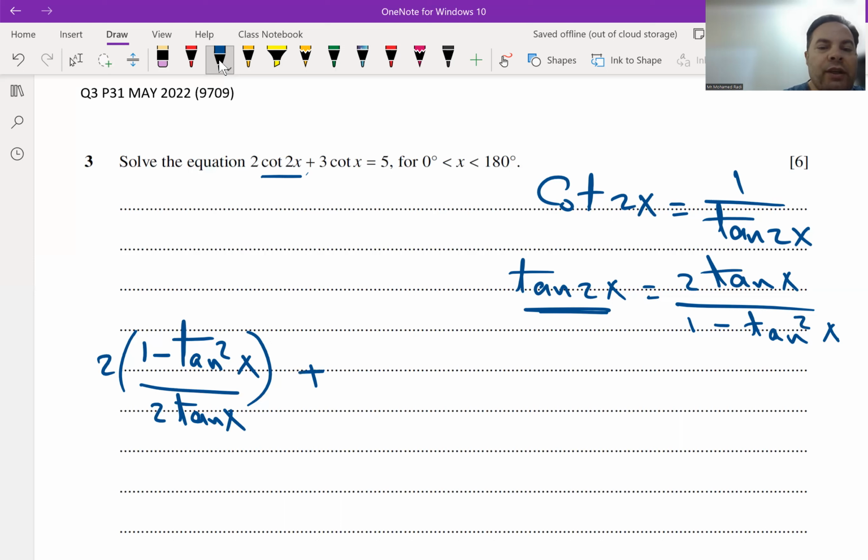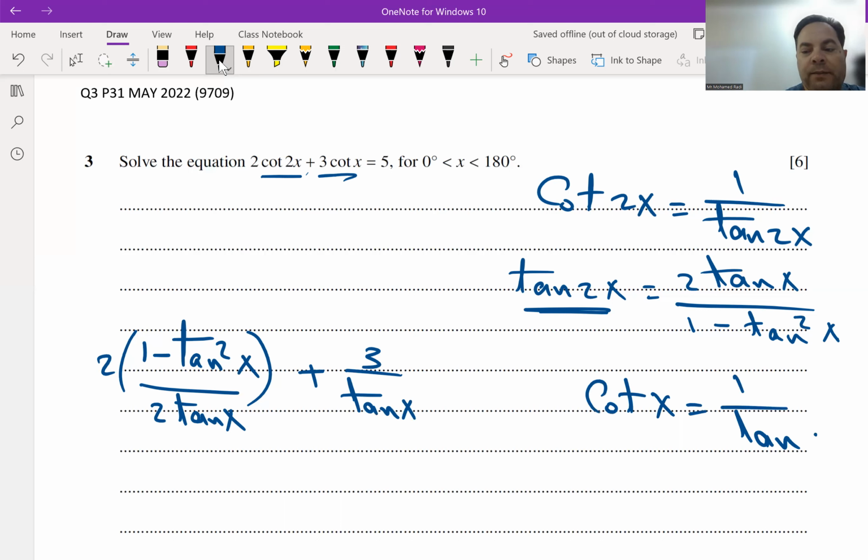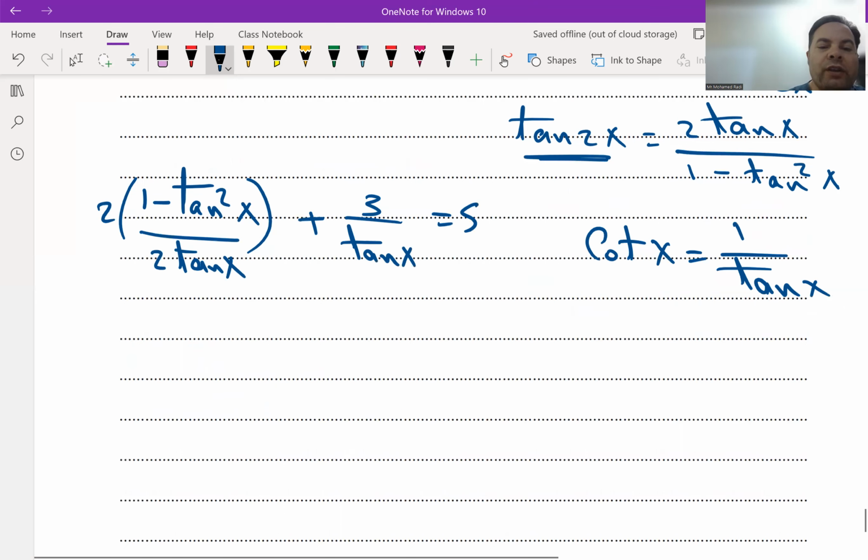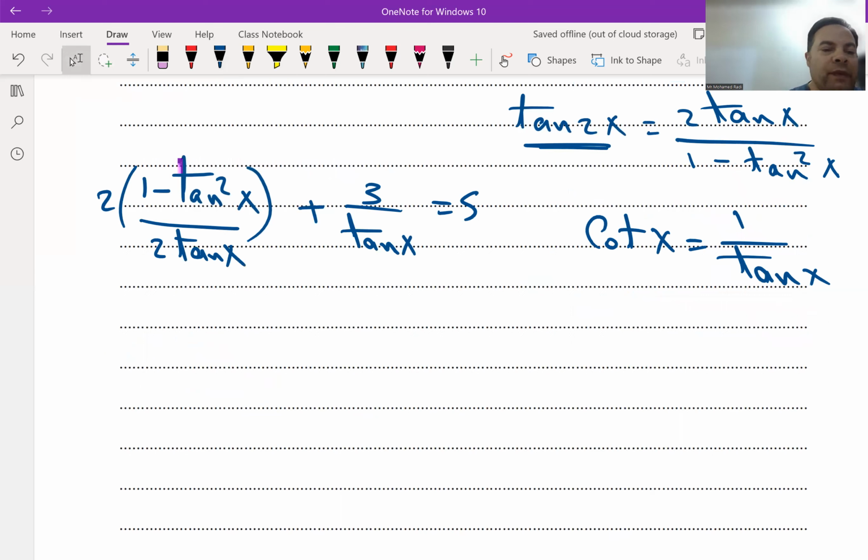plus 3 cot x, we can write it as 1 over tan x, is equal to 5. Now we have an equation only in terms of tan. Cancel 2 with 2.